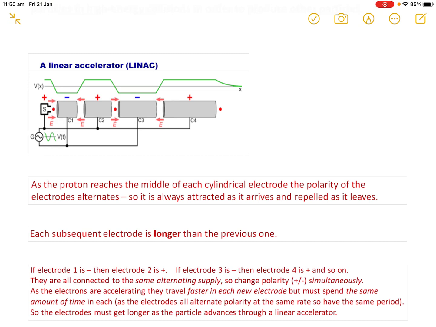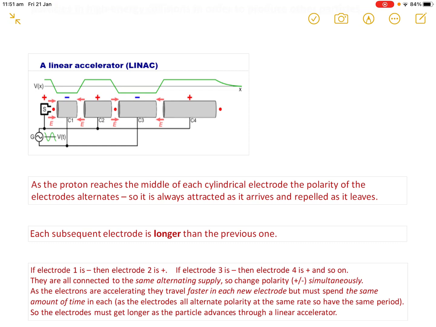And that's why in the second bit of text here we say that each subsequent electrode is longer than the previous one. And the reason for that is if you look at the wiring now, you can see that we've got an alternating supply, and the alternating supply makes each odd numbered electrode the same polarity, so number 1 and 3 are negative, and each even one is positive, and then that alternates.